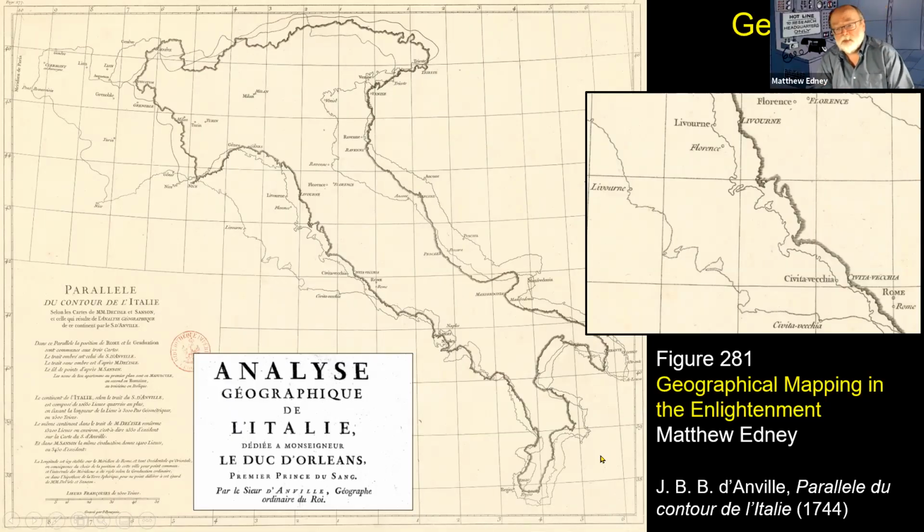And the other thing about D'Anville that makes his work really, really interesting is that he wrote about it at length. There's a whole thing that happens in the 18th century where geographers and other map makers start to create memoirs or memorials about the processes they went through to make a map.